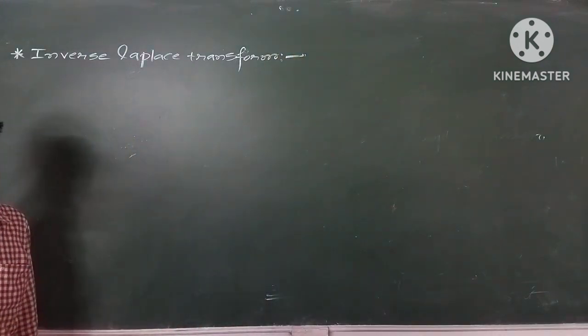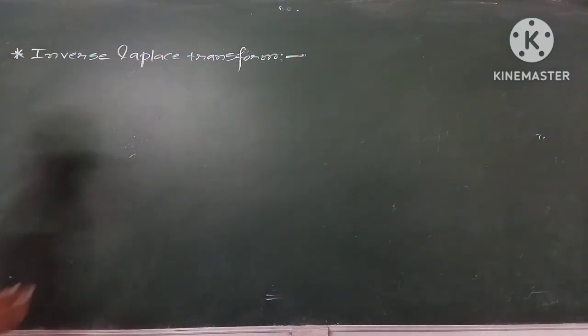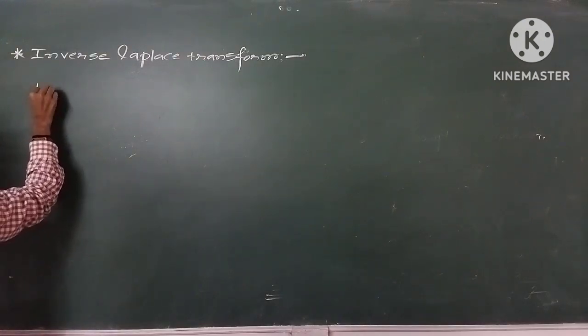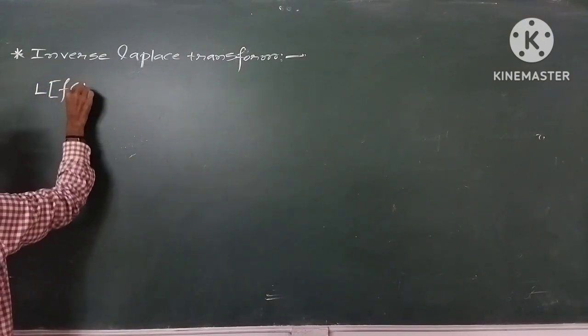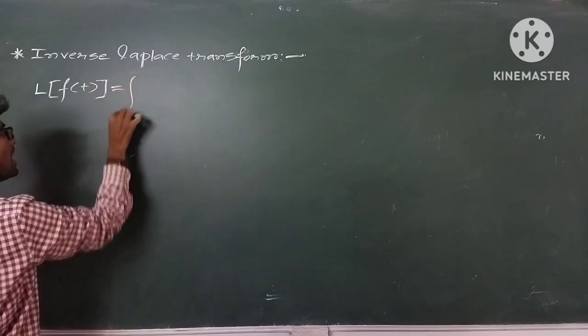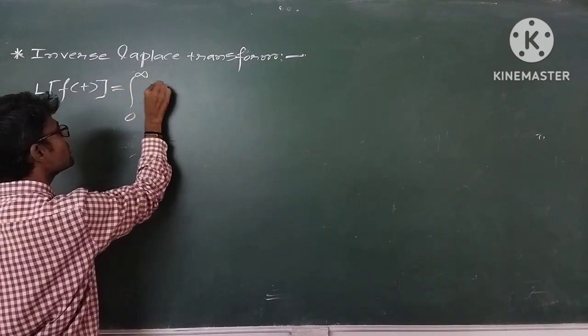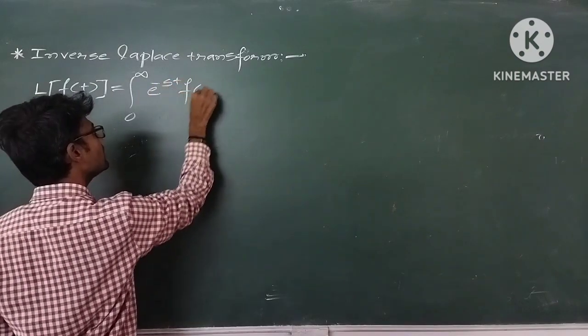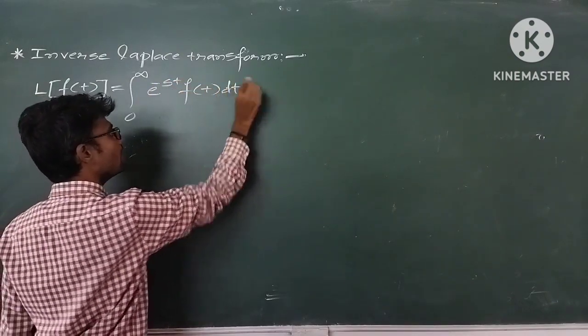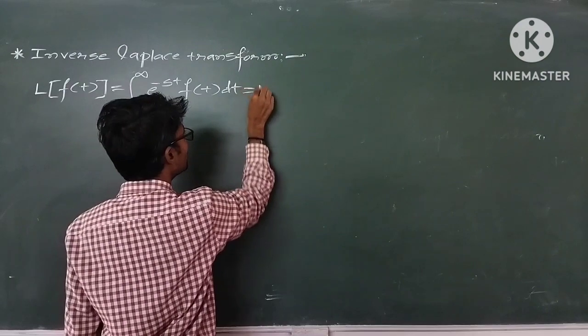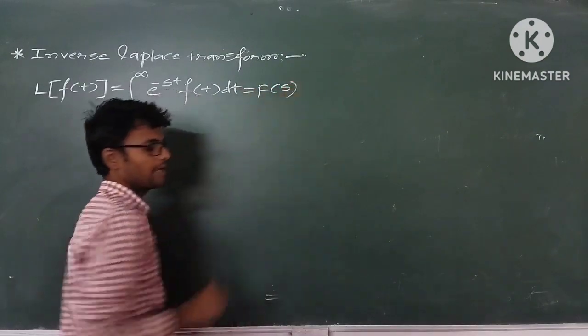You already know the definition of Laplace transform. Laplace transform of the function f of t is equal to the integration from 0 to infinity of e raised to minus st f of t dt, which is equal to f of s or phi of s.